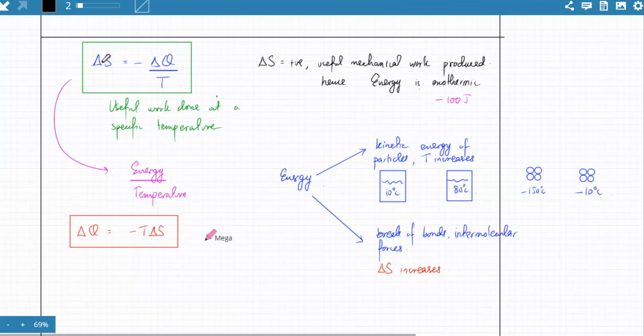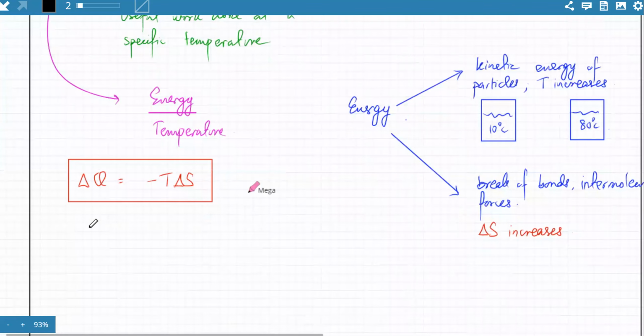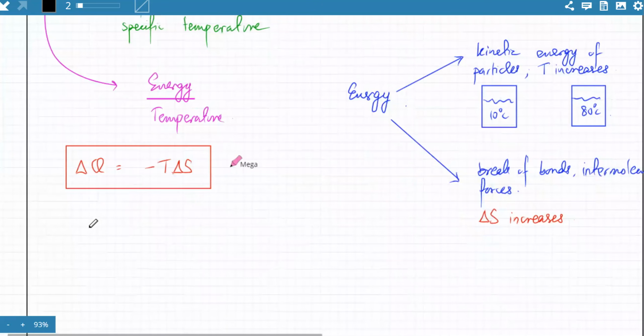If a certain entropy change is happening and I want to figure out how much work would be produced at a very specific temperature, it would be T times delta S, and that would give me the useful work that would be produced or consumed. It could go both ways. It could be positive, it could be negative, depending on the sign of delta S. So this is the formula that you should be worried about.